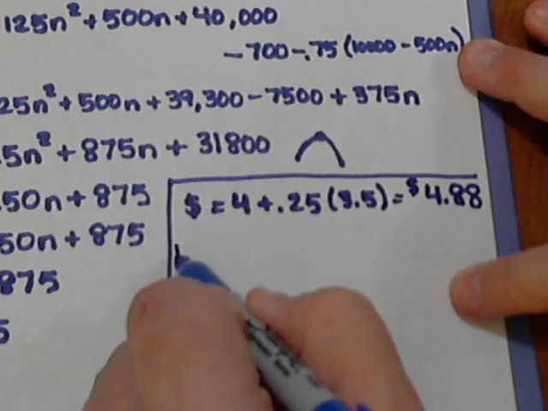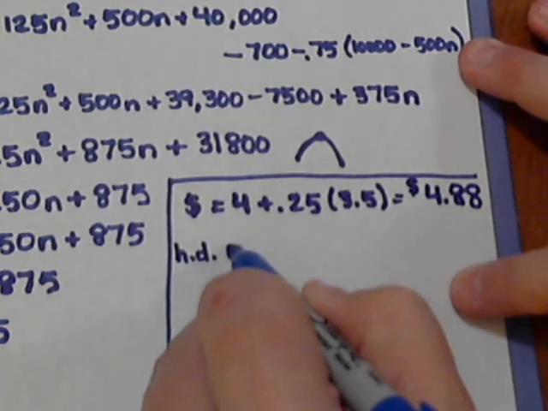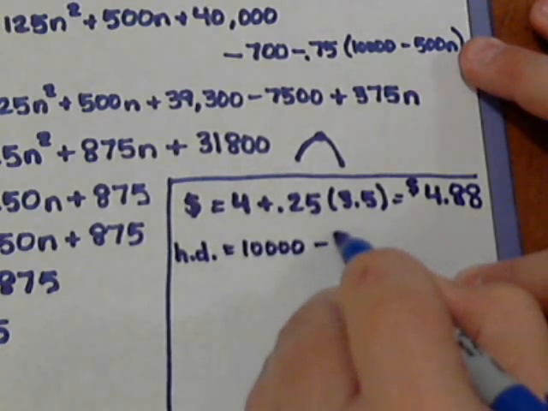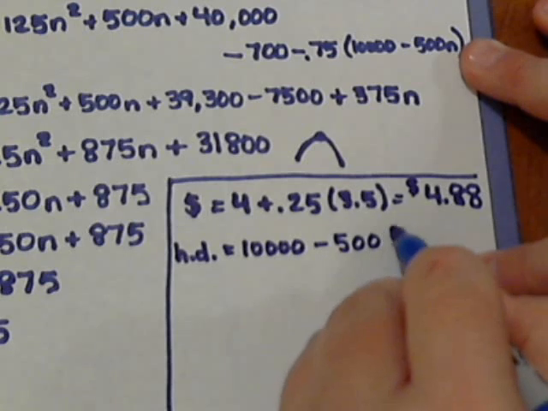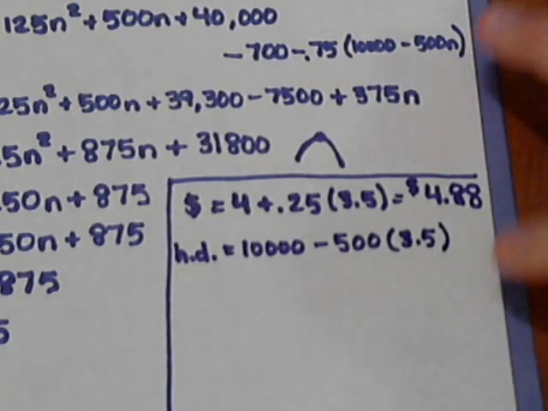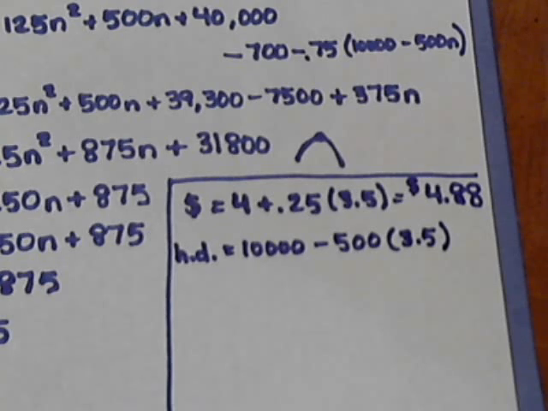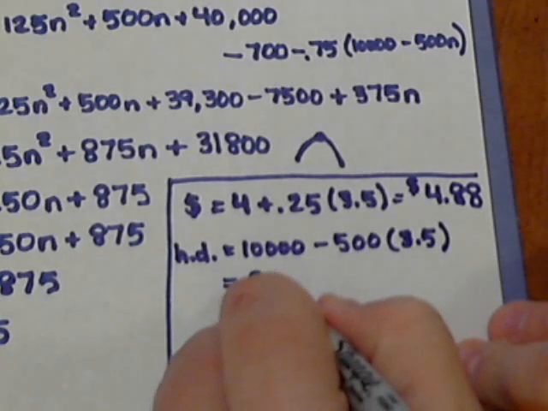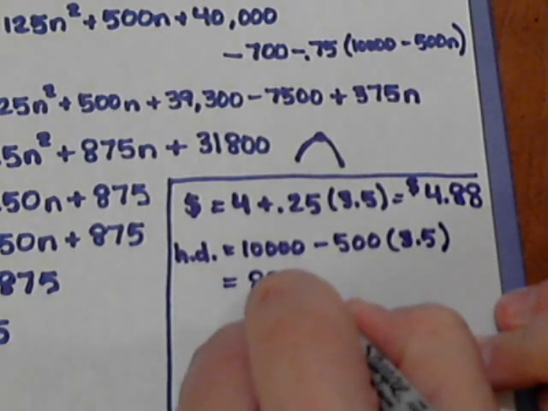That's what we should charge. The number of hot dogs is going to be 10,000 minus 500n, so 500 times 3.5. When we calculate that, this tells us we're going to sell 8,250 hot dogs.